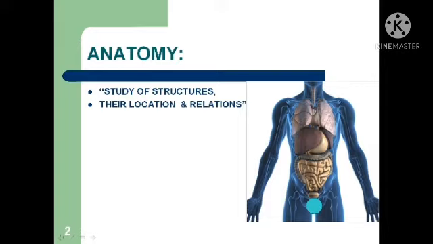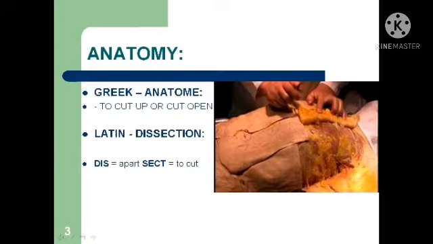Anatomy, by definition, is the study of structures and the relation of the structure and the location of structure, as where the specific structure is lying. In Greek, anatomy is to cut up or cut open.